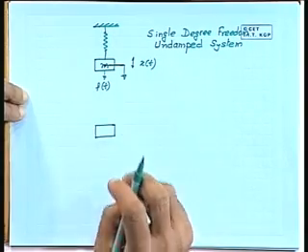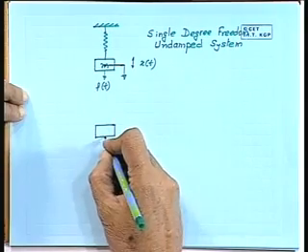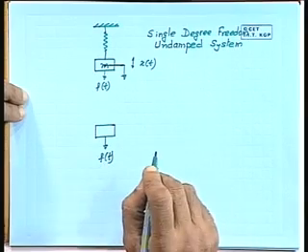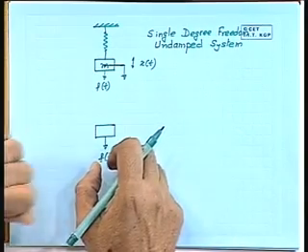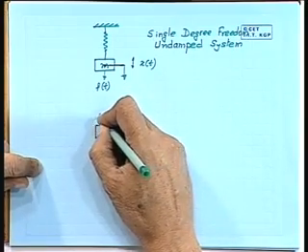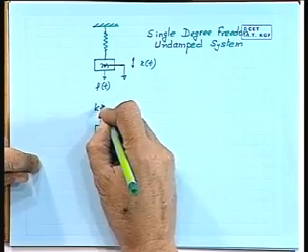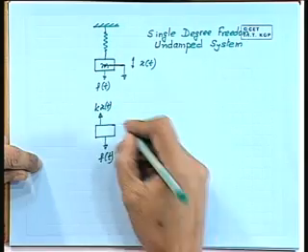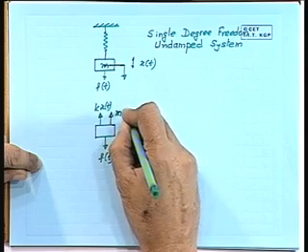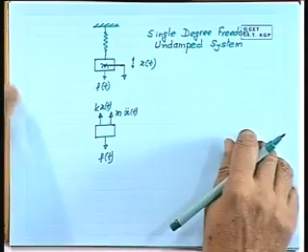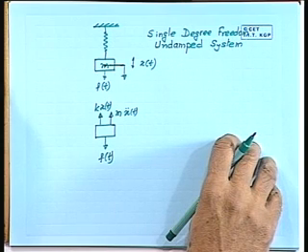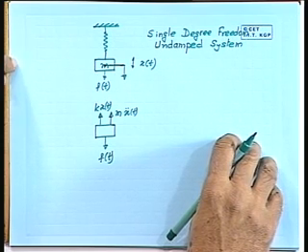If you take this mass out at this situation, there is a force acting on it, and because of this force, some force is being generated in the spring which will try to pull it up, and that is given by kx, and there is an inertia force developed which is given by mx double dot.